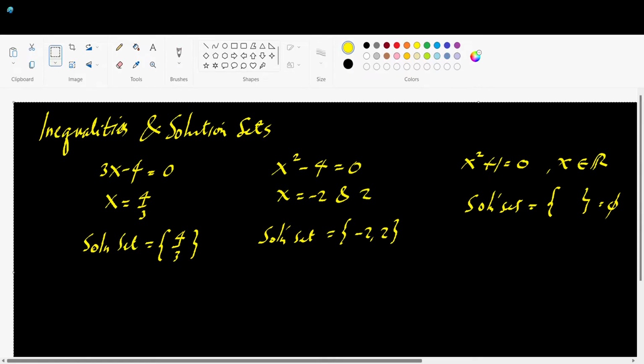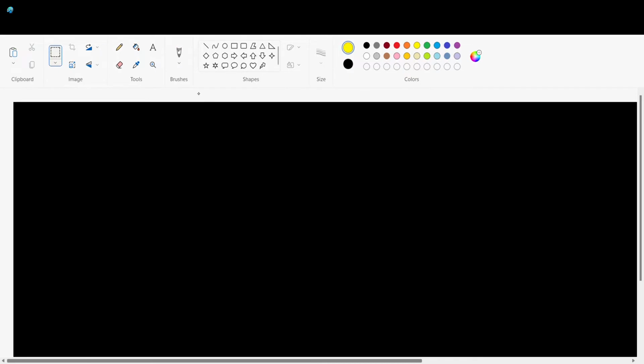Can we say the same thing if it involves inequalities? Say for example, 2x minus 7 is less than 5. So that is the given inequality. We want to find values of x that will satisfy it. Say x is 10. 2 times 10 is 20, minus 7 is 13, and that is not less than 5.